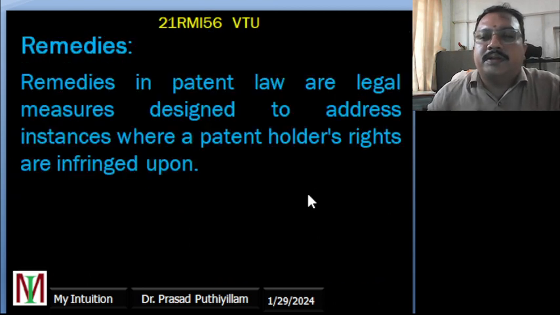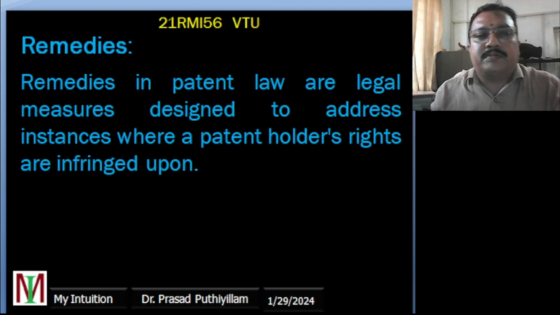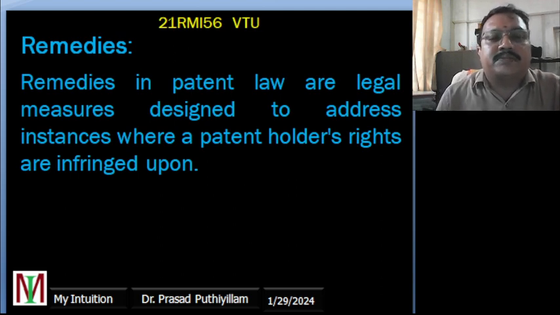Okay, so we'll see remedies one by one. Remedies in patent law are the legal measures designed to address instances where a patent holder's rights are infringed upon. If a patent holder's rights are misused, then remedies come in.